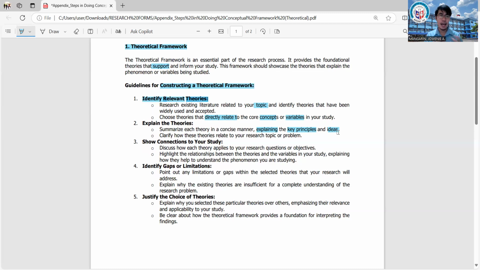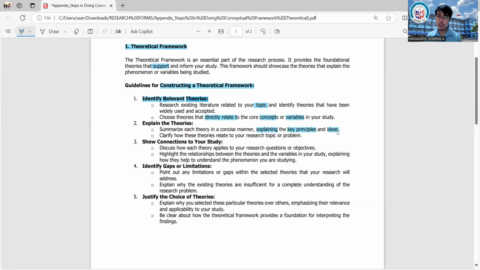Di ba minsan or in general, yung mga theories na nakikita natin sa internet pagkahaba-haba ng discussions o di kaya naman pagkadami-dami ng dinidiscuss. My dear researchers, hindi natin kailangang kuhanin lahat ng mga ideas na yon.